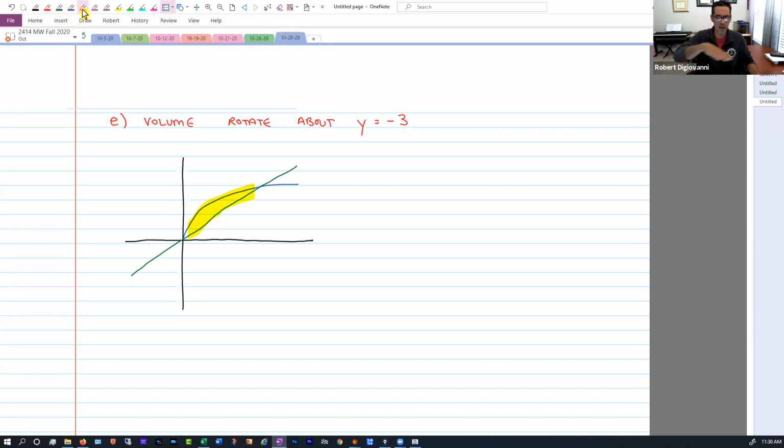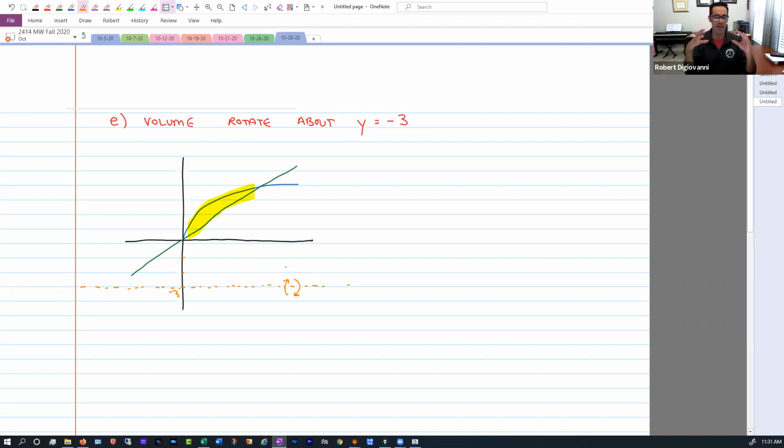It's just a horizontal line. That's all it is. Okay. So if I go down 3, 1, 2, 3 to -3, here's my axis of rotation. Now I usually do my axis of rotation dotted. I've been doing it solid because it's been right on top of the x-axis. But when it's not on the x-axis or y-axis, I like to draw a dotted axis of rotation. And I'm still going to put this here like that.